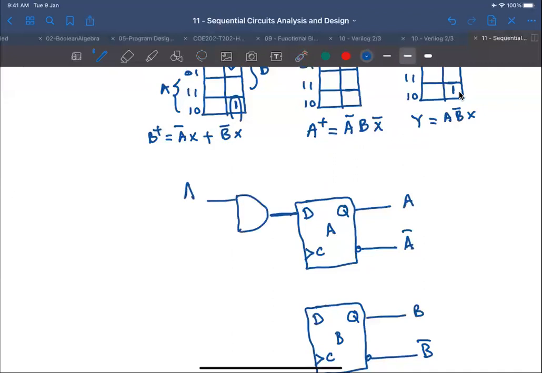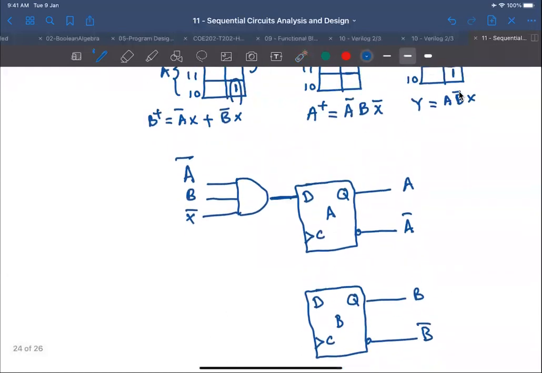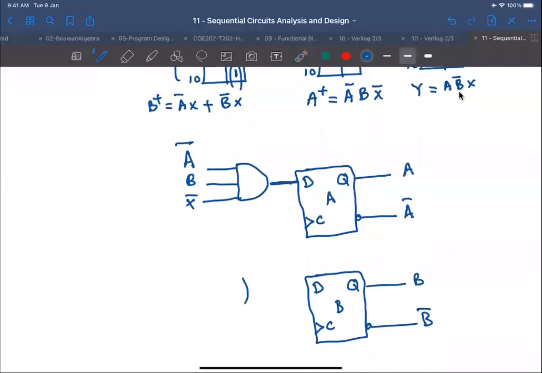A complement, where do I get this from? I get it from here, right? I just have a wire here and connect it with this one, but I don't have to show it here. And then B, and then X complement. For the next one, we have an OR gate that is feeding the B plus, and then two input AND gates. One has A complement X, and the other has B complement X.